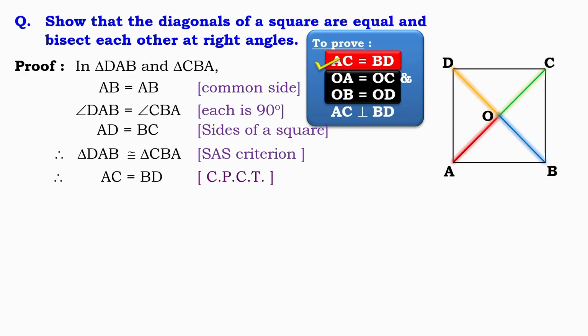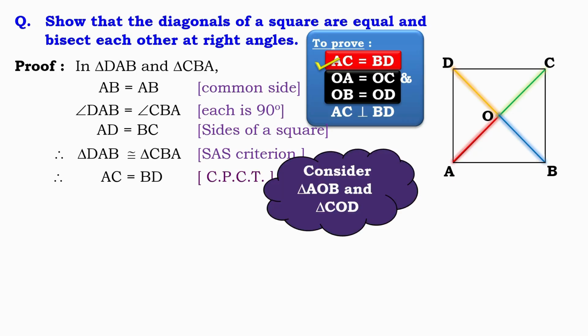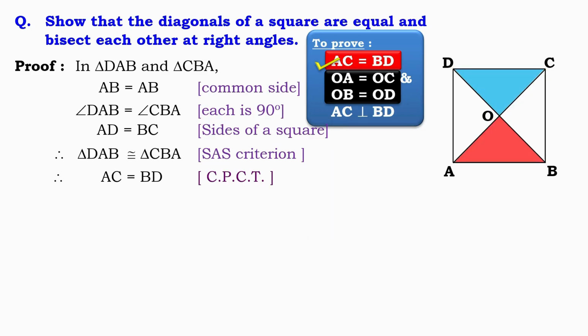First we need to identify the sides, then we can identify the triangles that form those sides. So in this case, we will consider triangle AOB and triangle COD. It's already highlighted which triangles we are talking about. Now in triangle AOB and triangle COD, let us check which parts are equal.